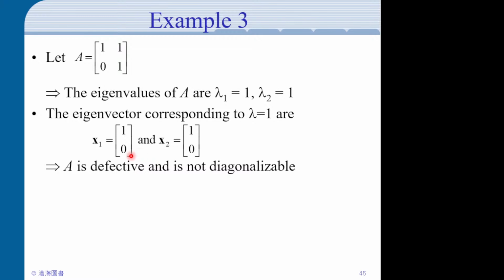So A is like this: 1, 1, 0, 1. This matrix is defective. The non-defective version is kind of A equal to 1, 1, 1, 0, 1, 0.